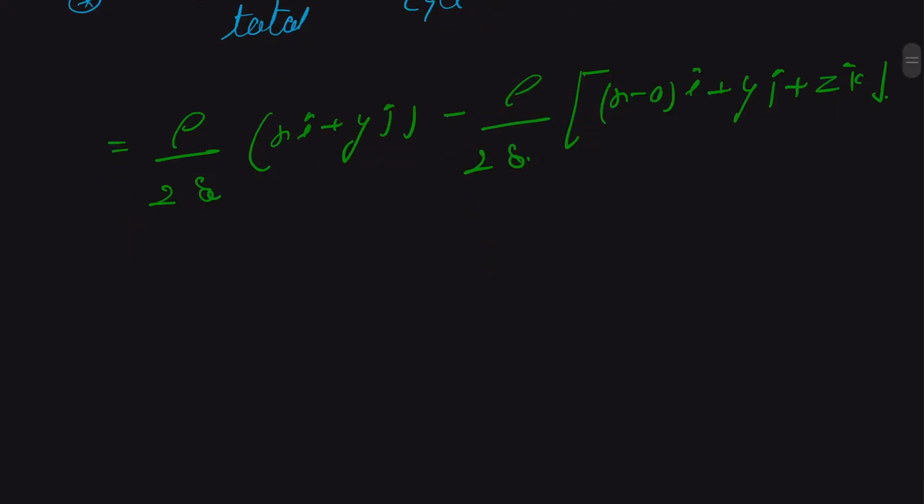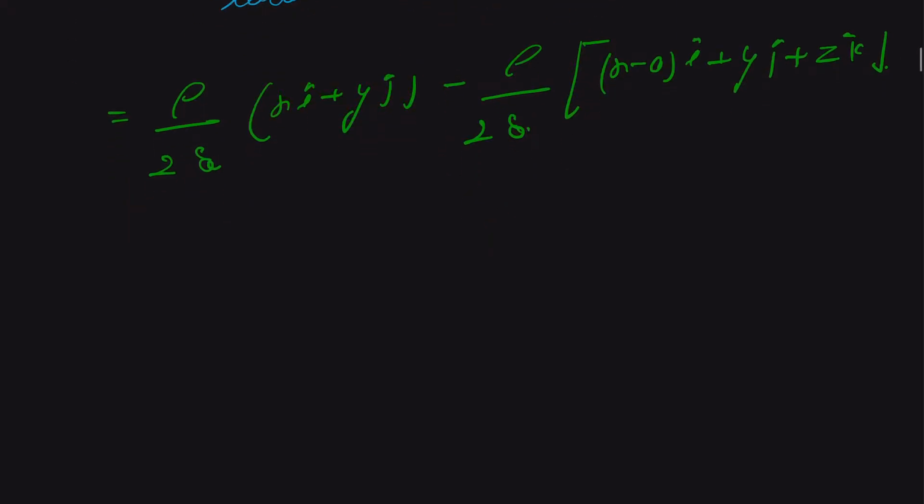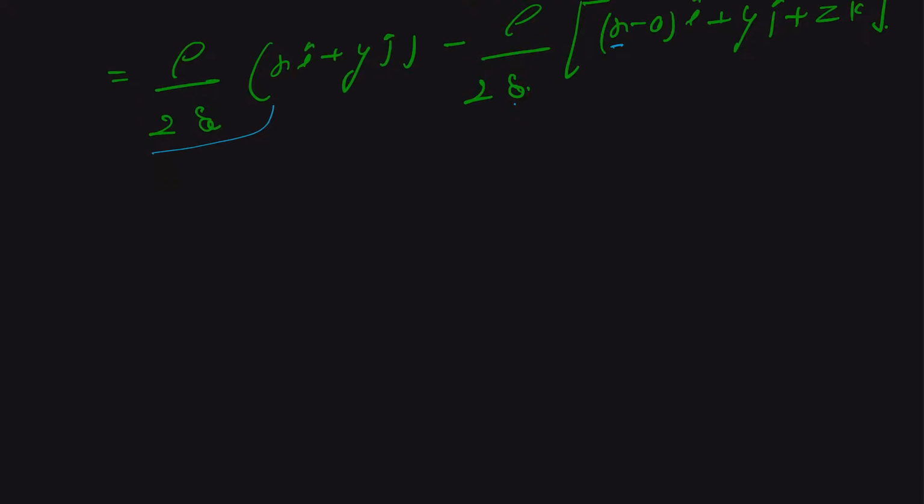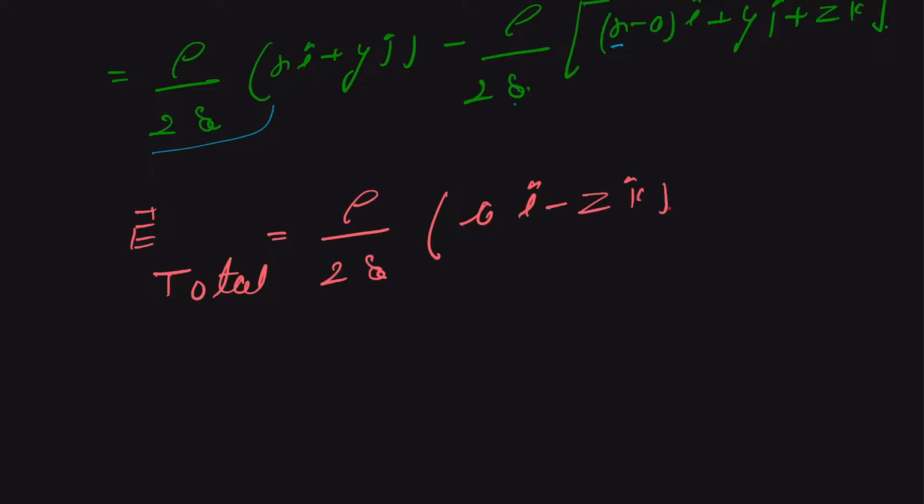From here we can easily see that our x and y terms are going to cancel out, because this will be x times rho by 2 epsilon naught, and this will be minus x times rho by 2 epsilon naught. Similarly for the y term also. Therefore we get that our E total will be equal to rho upon 2 epsilon naught, and we are left with (a i minus z k) unit vector.